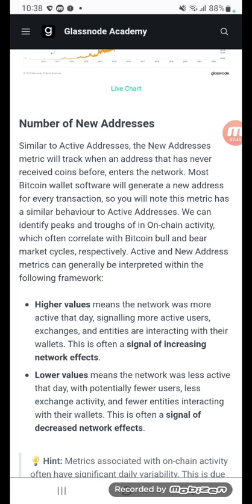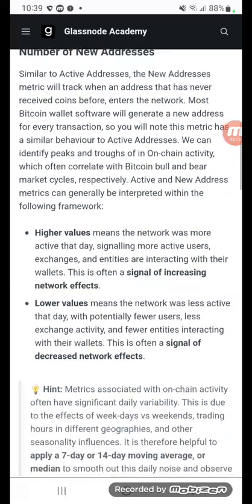We can identify peaks and drop-offs in on-chain activity, which often correlate with Bitcoin bull and bear market cycles, respectively. Active or new address metrics can generally be interpreted within the following framework.